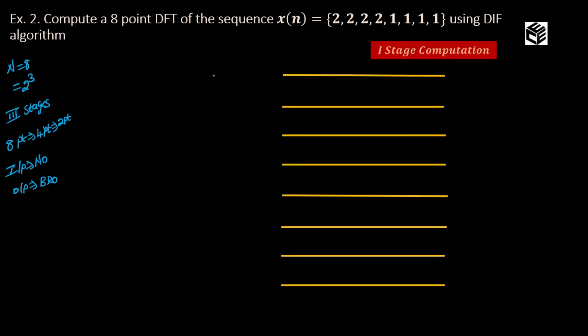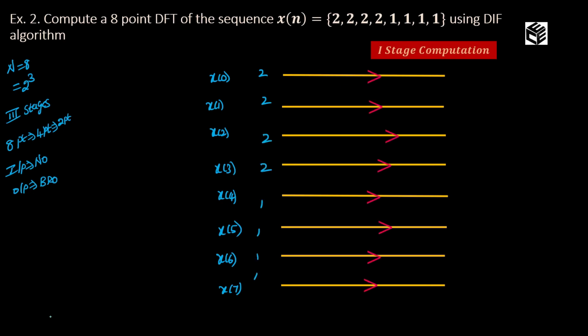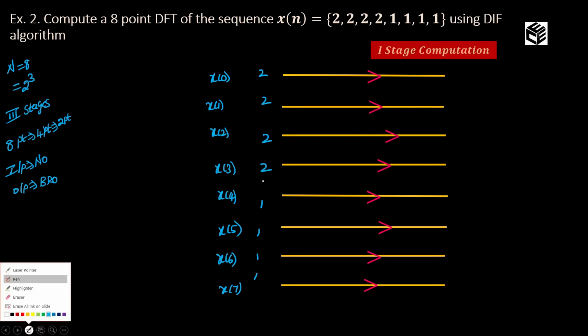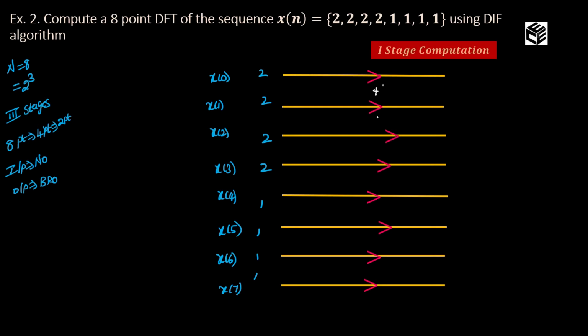This is my structure. Here I am going to represent the inputs x of 0, x of 1, x of 2, x of 3, x of 4, x of 5, x of 6 and x of 7. My values are 2, 2, 2, 2, 1, 1, 1, 1. Now I am going to split the positive and negative values of 1. So first 4 lines will take positive 1 and the last 4 lines will take negative 1, since it is an 8 point sequence.